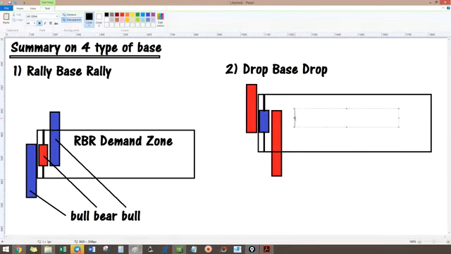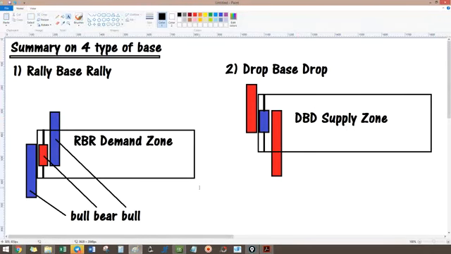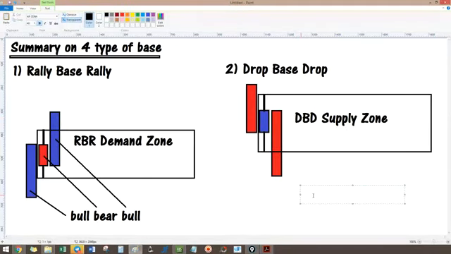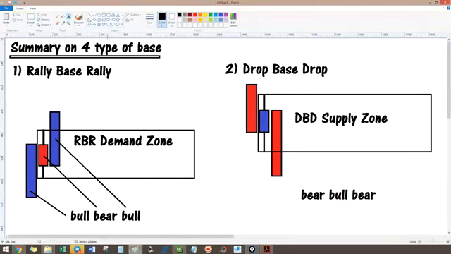This is DBD, supply zone. Okay. So it needs to have bear, bull, bear. Okay. Bear, and then a bull, and then a bear.